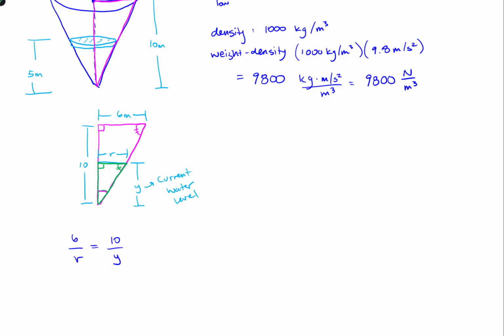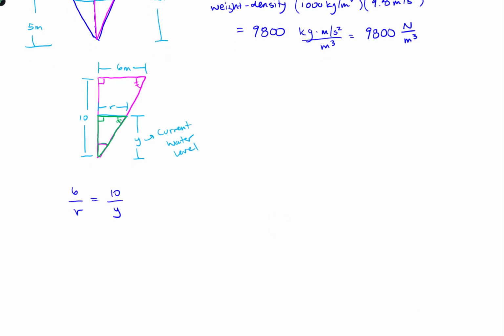I do need to be careful to make sure the numerator is the bigger triangle both times and the denominator is the smaller triangle both times. Or vice versa, it doesn't really matter as long as I'm consistent. But it's going to give me a way of determining what the value r is, so this radius of the water at any point for the current water level.